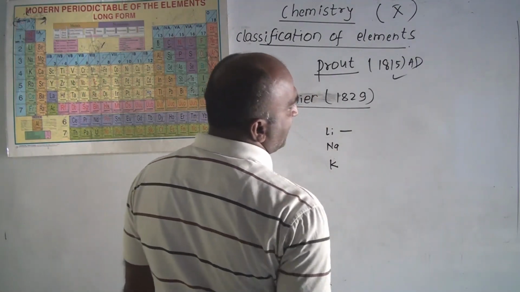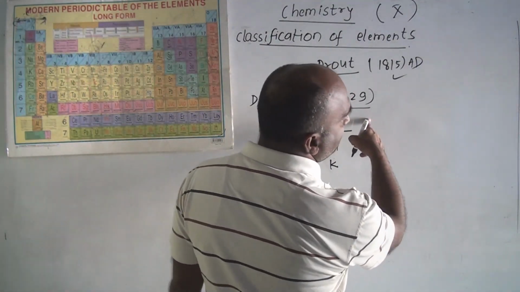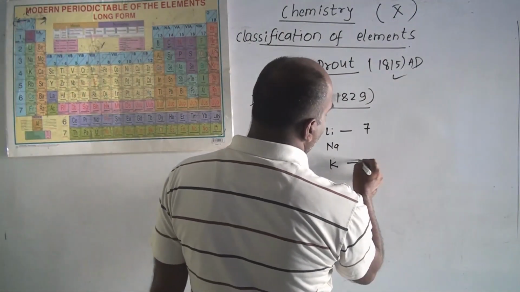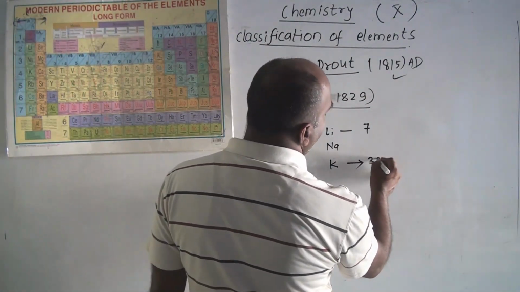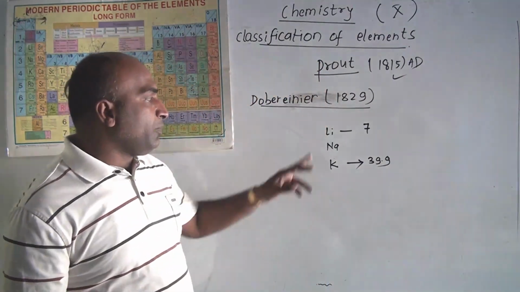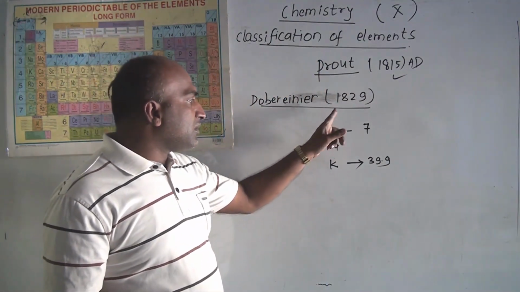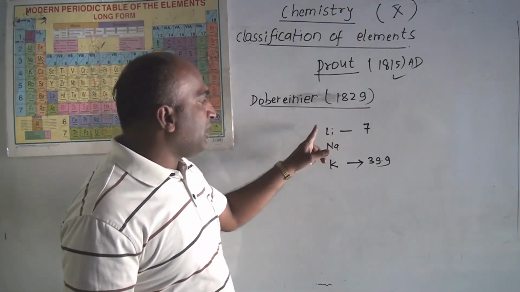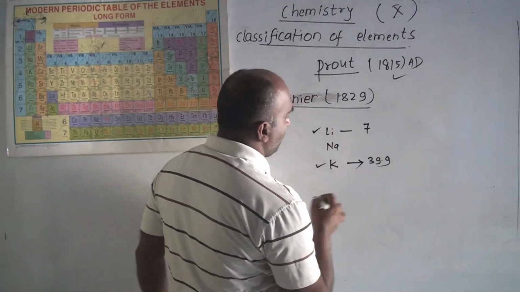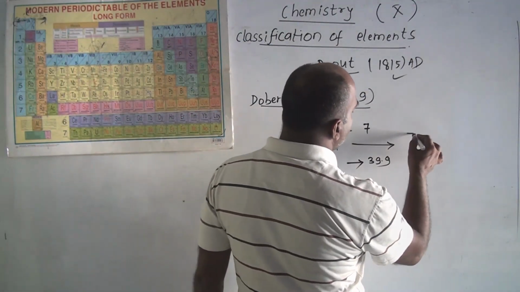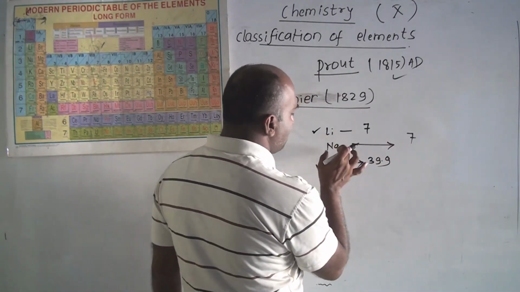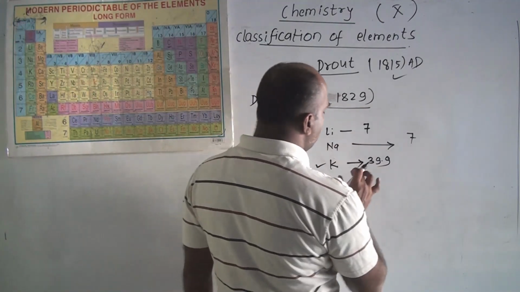The atomic weight of lithium is 7. The atomic weight of potassium is 39.9. If the arithmetic mean is taken of the atomic weights of these two elements, the first, upper and lower element, that will be the atomic weight of the middle element.